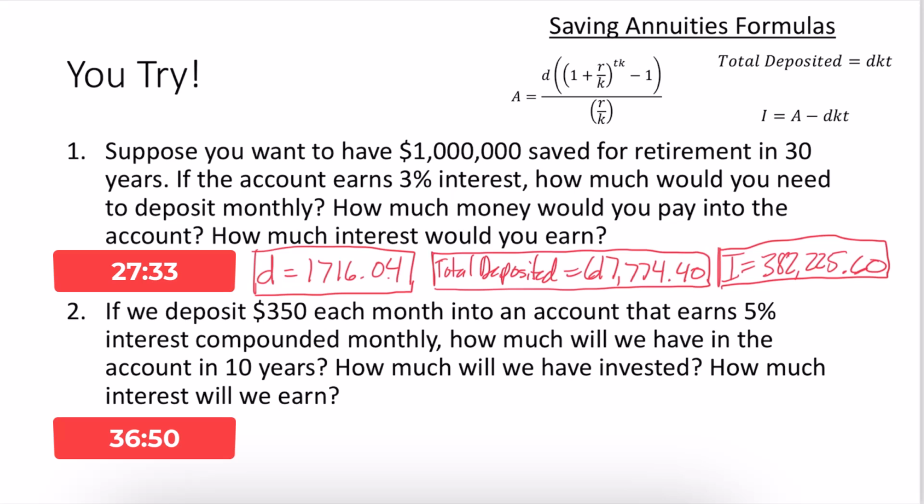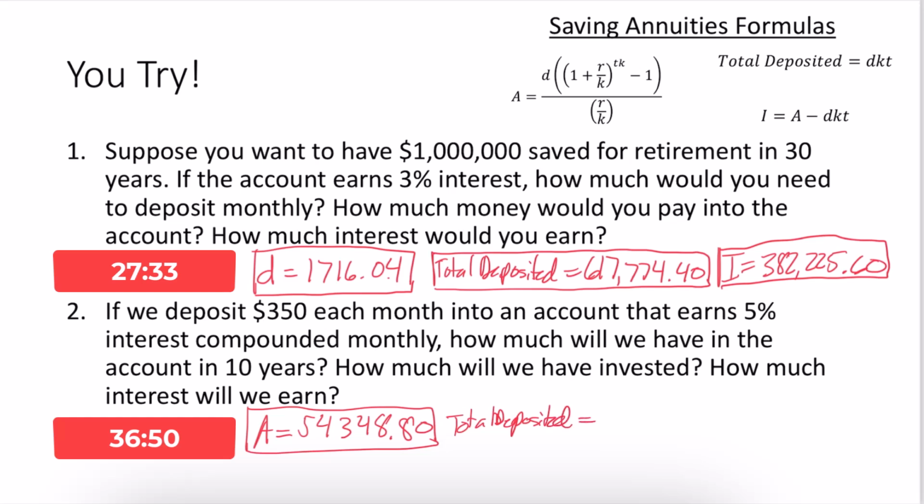On question 2, we were asked to find the amount of money we would have in the account in 5 years. So that's the variable A. And that amount will be $54,348.80. So that's the answer to the first thing we were looking for. And then the amount that we will have invested is the total deposited.